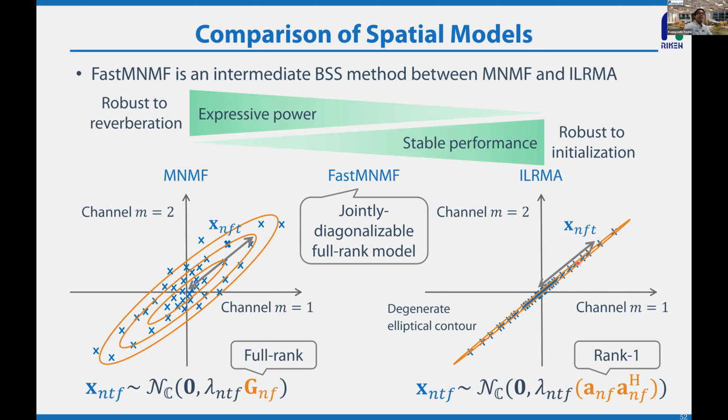This means that this model cannot deal with reverberation at all. It's too strong an assumption in the real world. That's why the intermediate model, FastMNMF, is very important. And it is experimentally confirmed that this model works best among these three models.